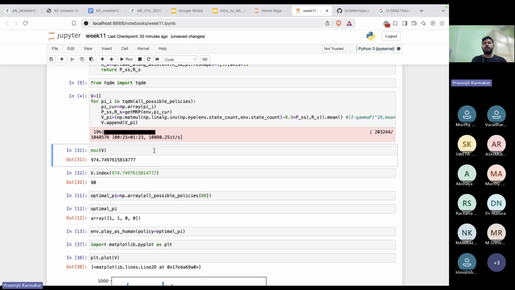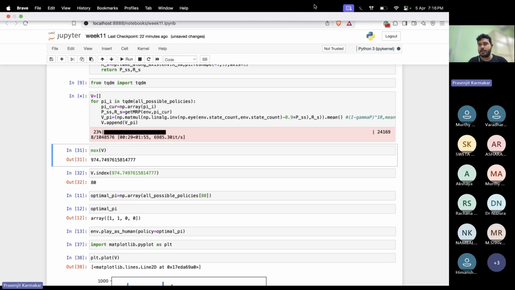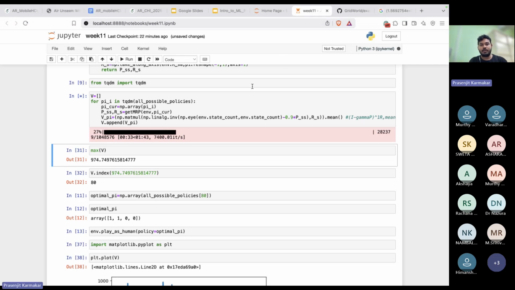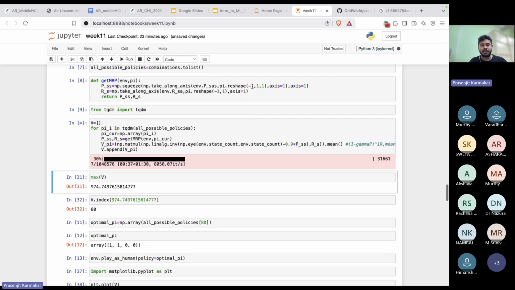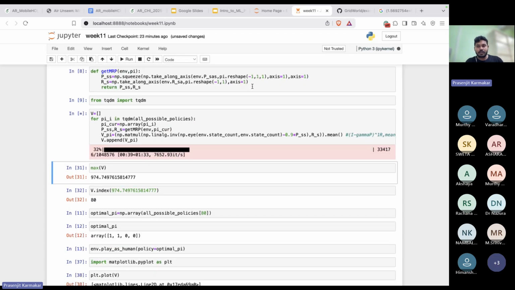For a small environment like 10 states, we can do it with my machine having 8 GB of RAM. But if it becomes, let's say, 95 states, we cannot store it. But let's see whether we can find the best policy with this 10 state environment.